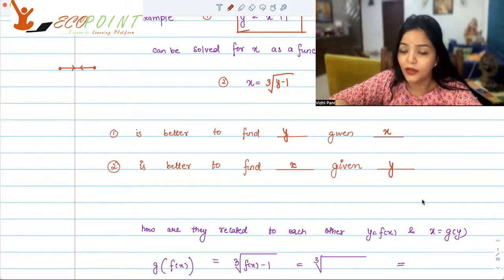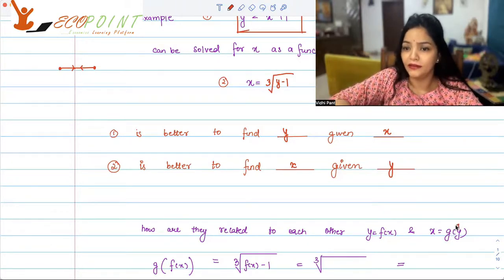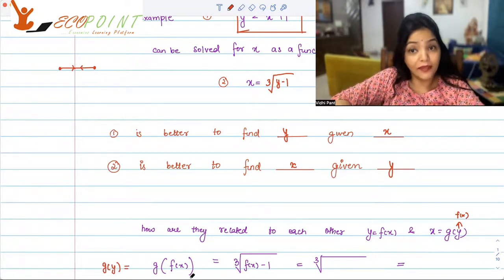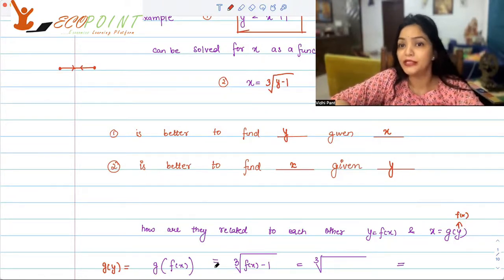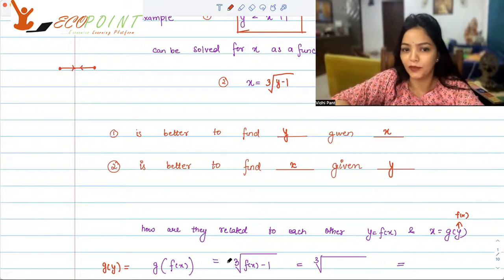That means when I put y as f(x), g(y) will be equal to g(f(x)). And we are saying that x is equal to this, and we are able to get x. Then this reversal, this inversion, is happening.